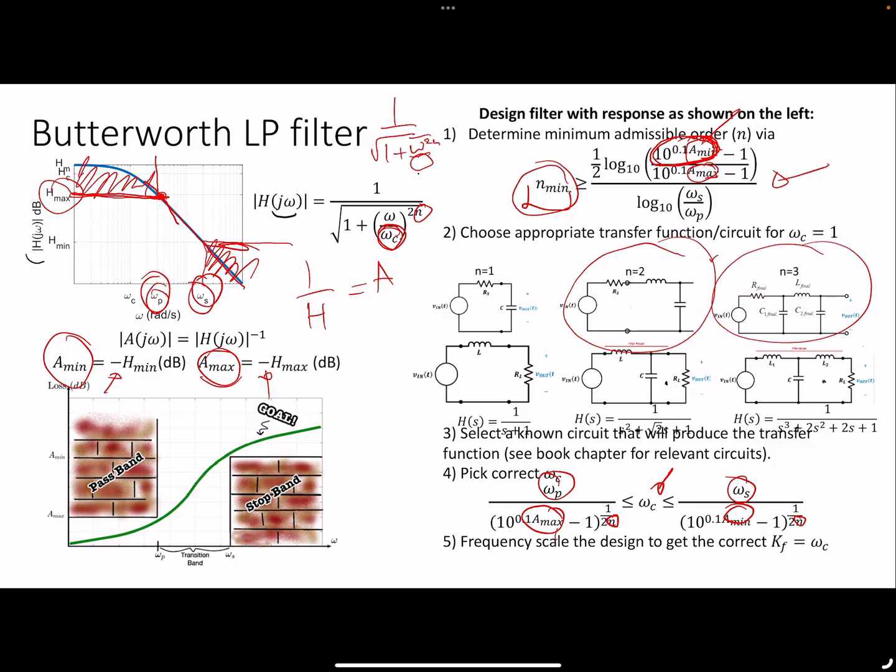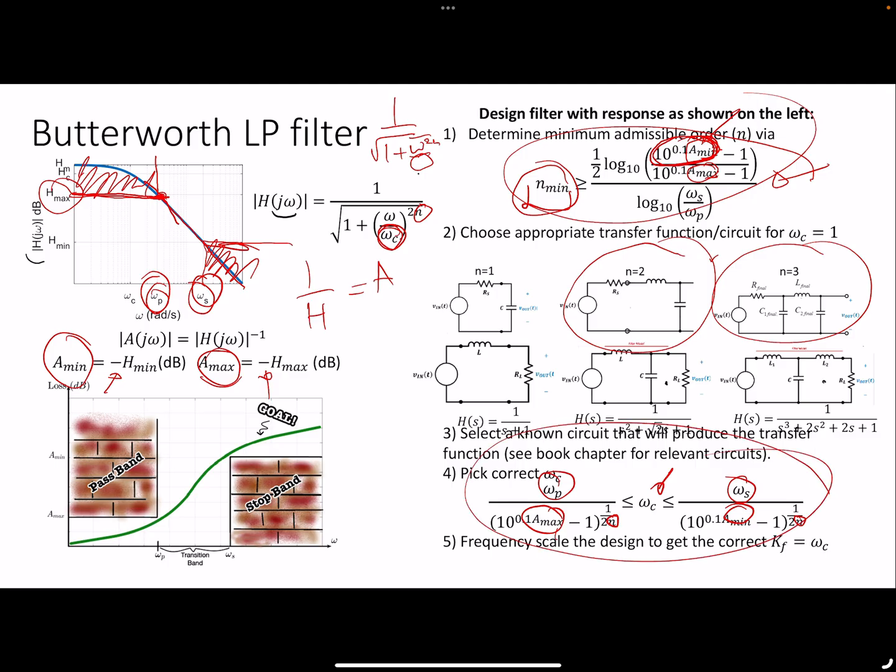I might, instead of asking you what is the minimum order, I might tell you which of these circuits could you use to design this filter, which basically is asking you to determine the order and identify which one is a low-pass filter of that order, if that makes any sense. So you need to know how to use these formulas.